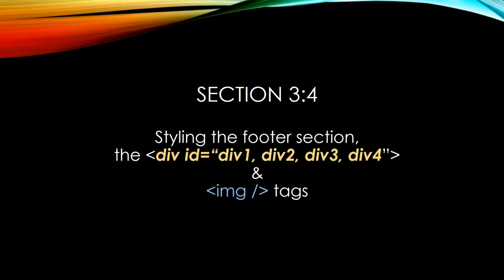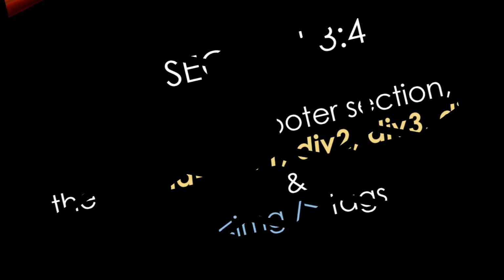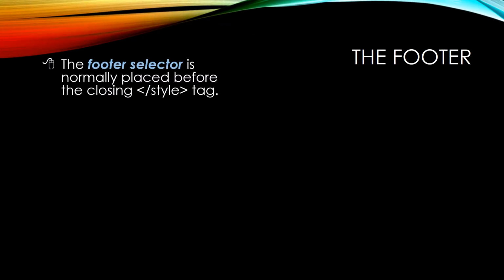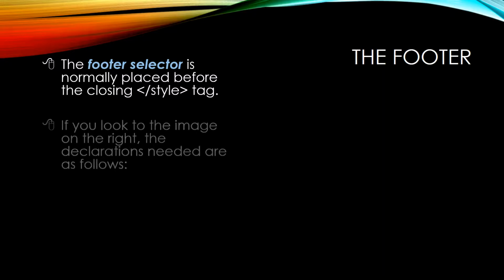Section 3-4, styling the footer section, the IDs for divs, and image tags. The footer. The footer selector is normally placed before the closing style tag up in the head section.